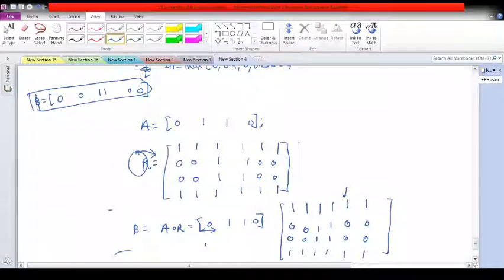So in classical set theory, using this reasoning we get the exact B which we used for the relation matrix. But in fuzzy logic we will not get the exact thing. That's why it is called approximate reasoning.